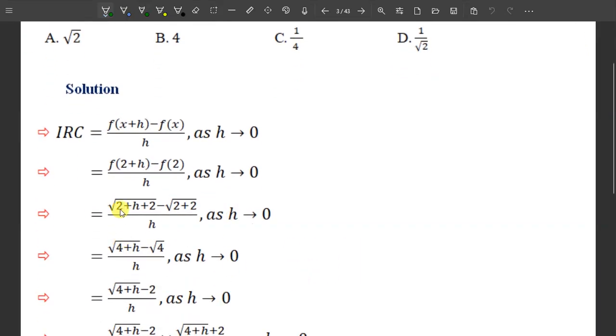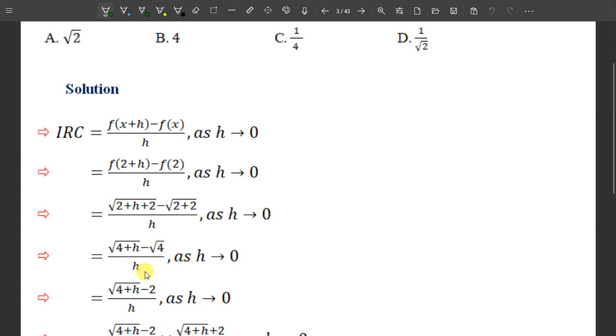Now under the square root we have 2 plus h plus 2, which becomes 4 plus h, minus the sum here, which is 4. But if we substitute h equals 0, radical of 0 plus 4, radical 4 minus 4 is 0. Again, h is 0, so 0 over 0.